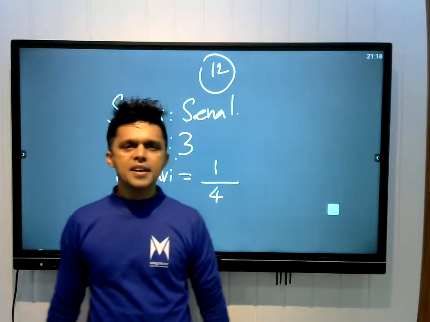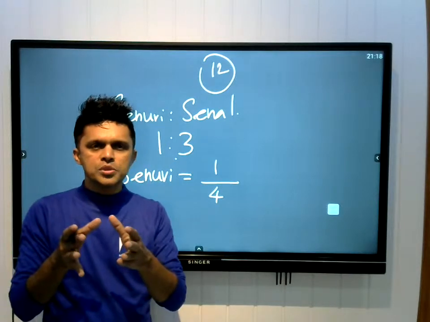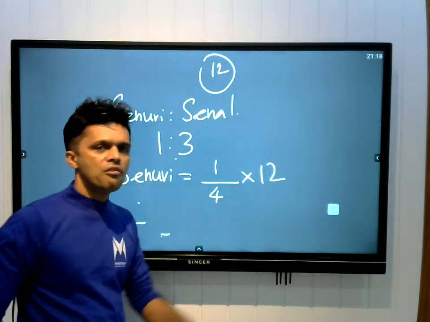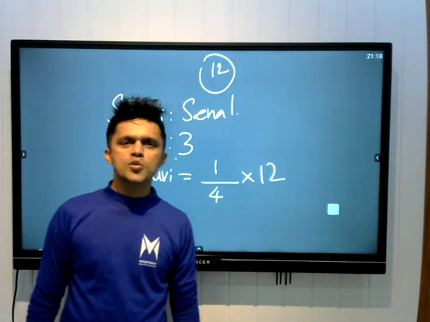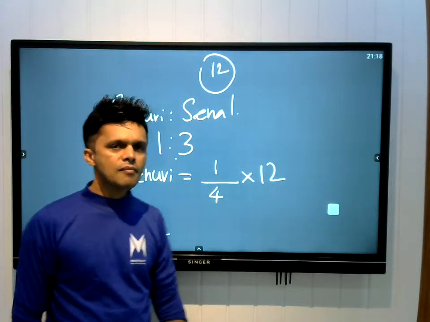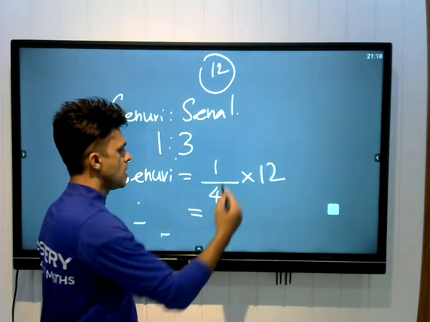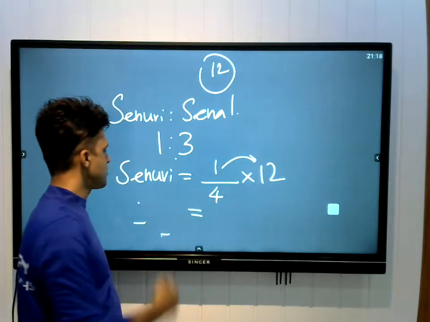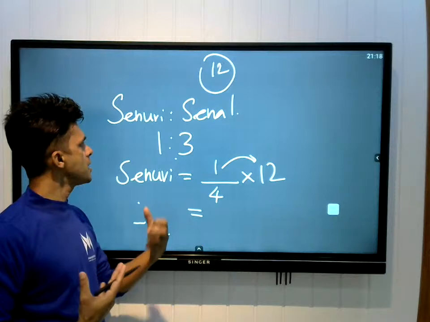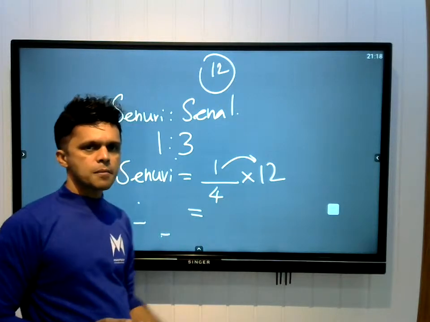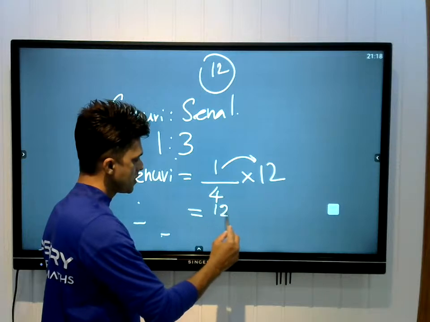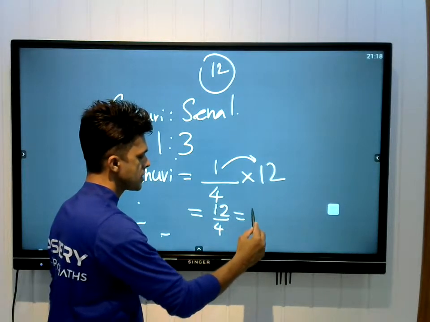The divided mangoes, that is 12. 12 mangoes were divided between Senuri and Sena. Now to get the number of mangoes taken by Senuri, we multiply this 1 and 12. 1 into 12 is 12. 12 over 4 is 3.